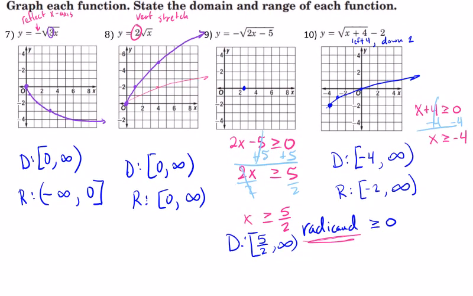All right, now the range is a little tricky. Here we have a negative out front, so that's going to be a reflection across the x-axis, right? That's going to make it go upside down. And remember, it's also a horizontal compression by a factor of 1/2. So I'd have to plug in 1/2 to get 1, so it can be right there.